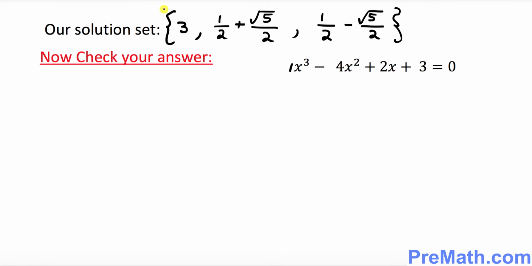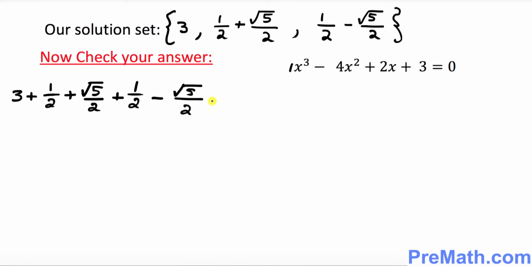And our final step is to check our answer. The first thing I want you to do is add our three solutions. Our three solutions are 3, plus 1 over 2 plus the square root of 5 over 2, and then plus 1 over 2 minus the square root of 5 over 2. Ask yourself, is it equal to minus b over a?